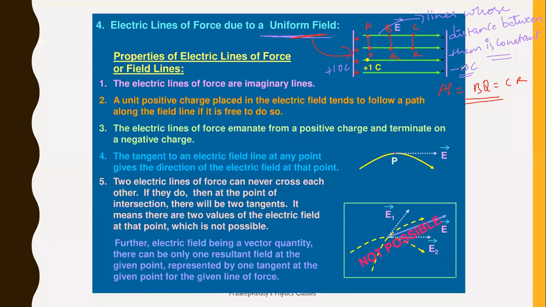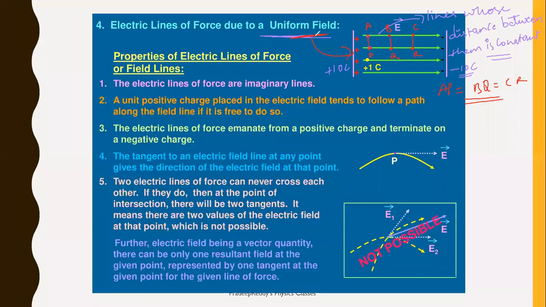If at all it is non-uniform, then the magnitude of these charges will be different. In such cases, the field lines separation will be varied. Separation of these field lines will be changed. That means AP will not be equal to BQ and that will not be equal to CR. Right?